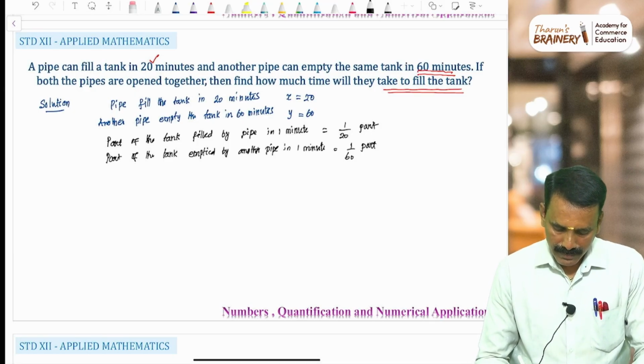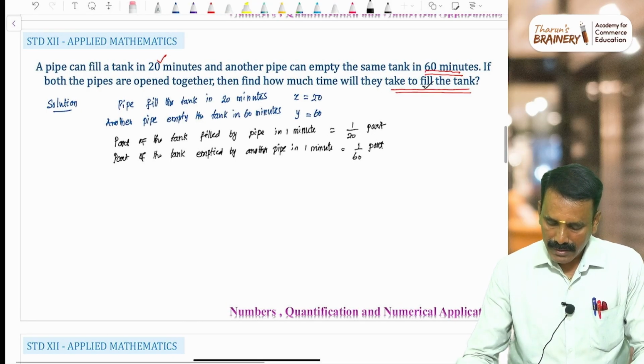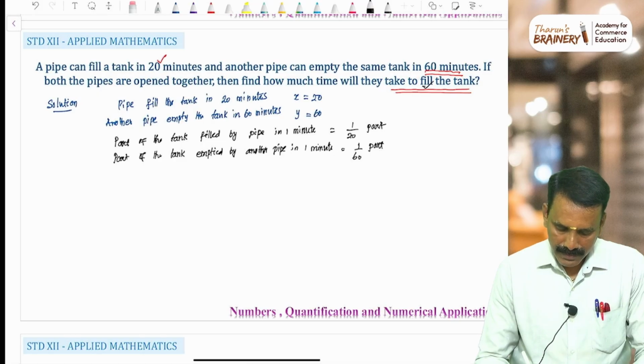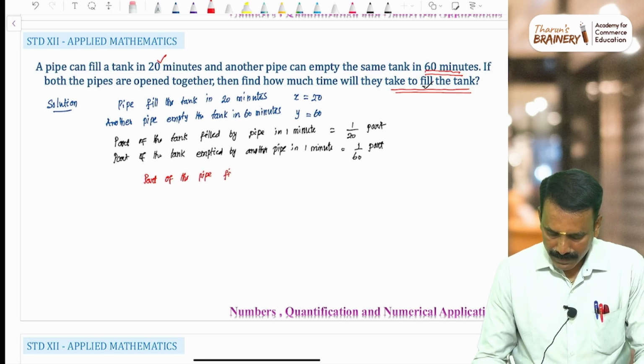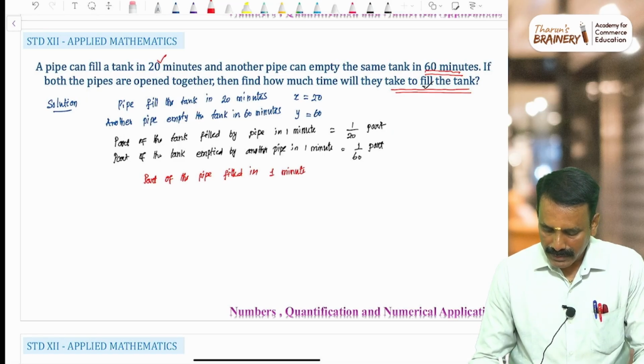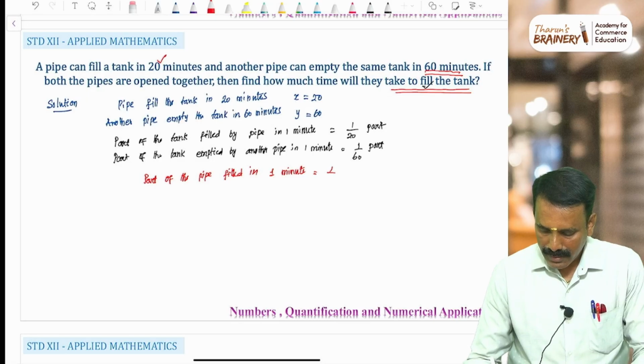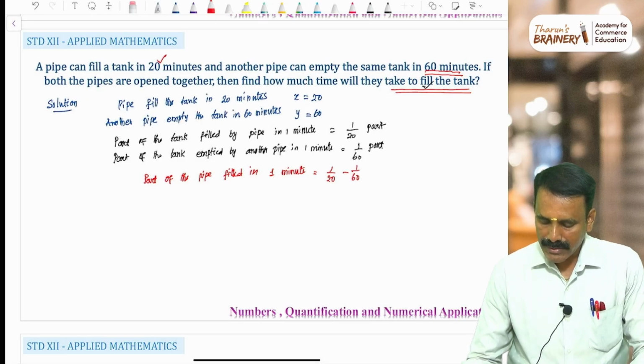Now it is going to be filled in. So part of the tank filled in 1 minute when both the pipes are operated together will be 1 by 20 minus 1 by 60.